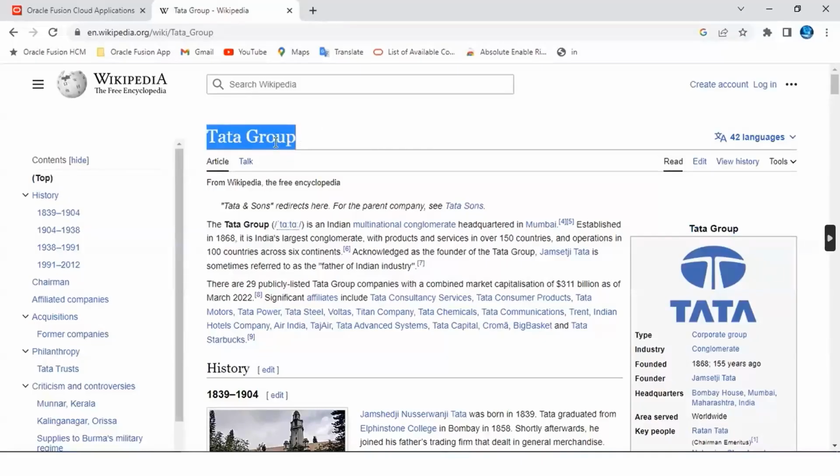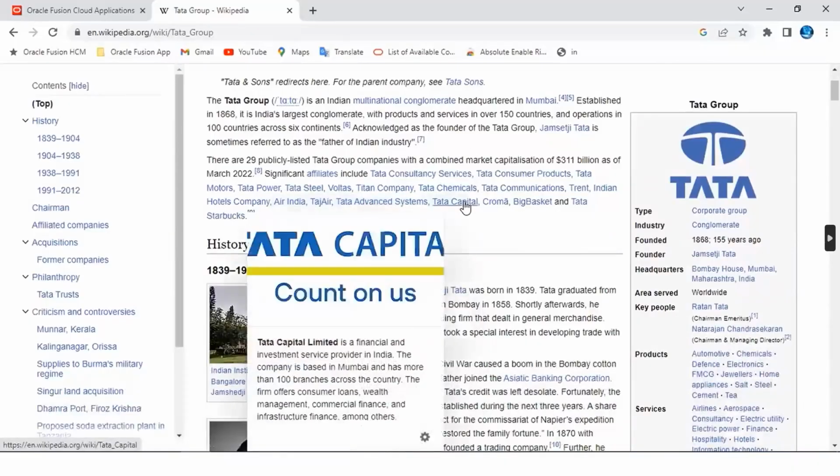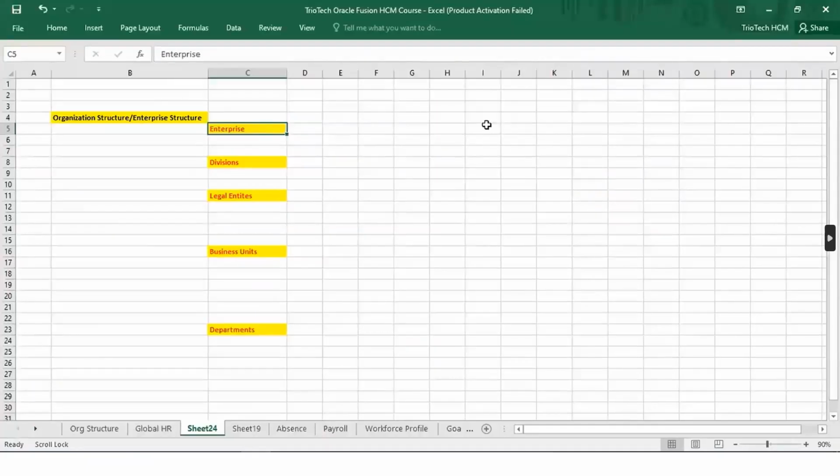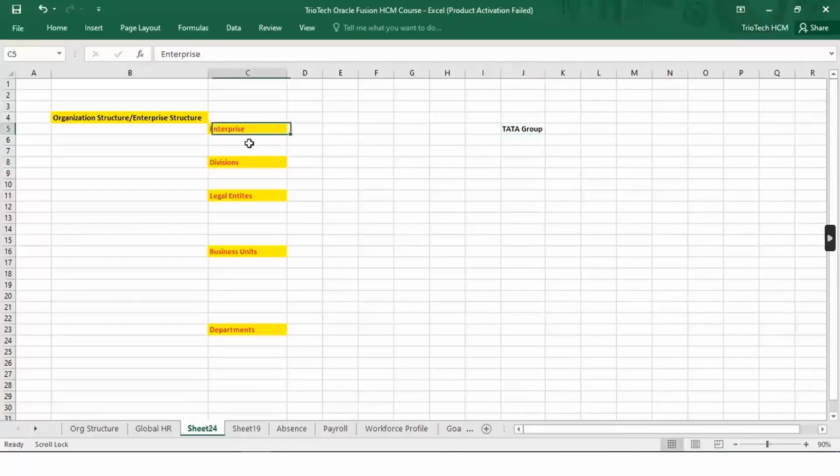What is it? It is the ultimate mother holding group of your client. Under the Tata Group, there are multiple companies which Tata operates in the market. So that is called an enterprise in the Fusion application. So for example, if we take Tata, this Tata Group you can consider as an enterprise in the Fusion application. So what is an enterprise?